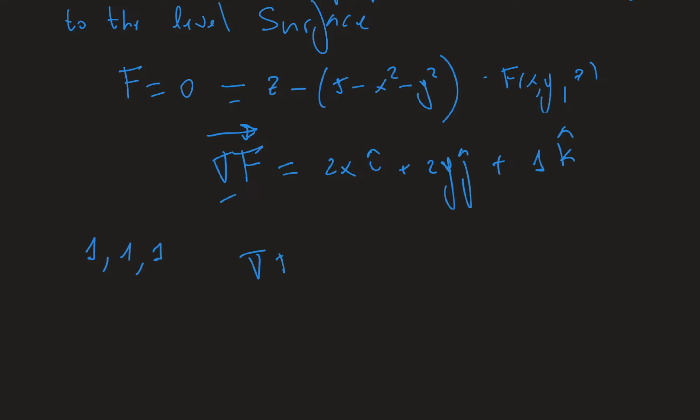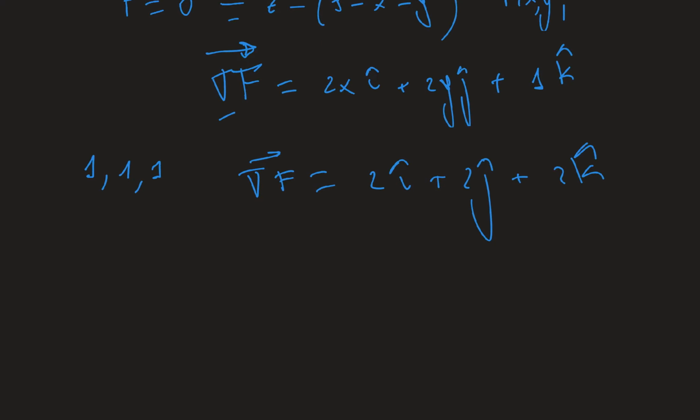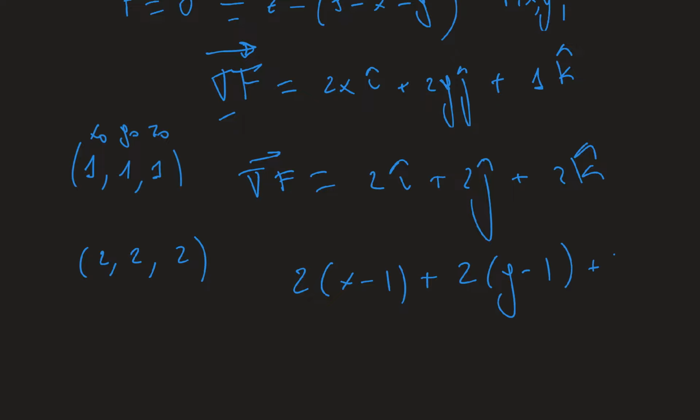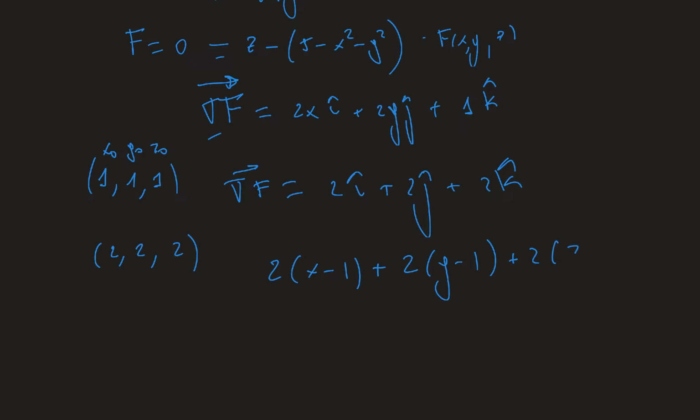The gradient of F is 2i plus 2j plus 2k. And what is the normal vector at the point x0, y0, z0? The normal vector has coefficients A, B, C equal to 2, 2, 2. So to construct the tangent plane, we do like this: 2(x minus 1) plus 2(y minus 1) plus 2(z minus 1).